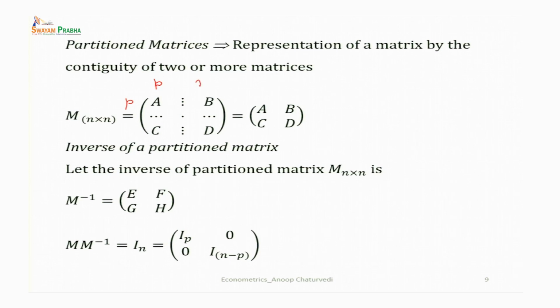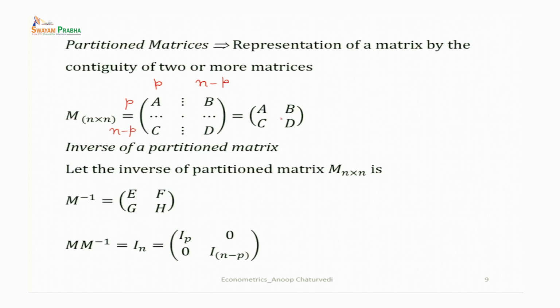So, obviously, B has n minus p columns, and here also we have n minus p rows. So, A is of order p cross p, B is of order p cross n minus p, C is of order n minus p cross p, and D is of order n minus p cross n minus p.